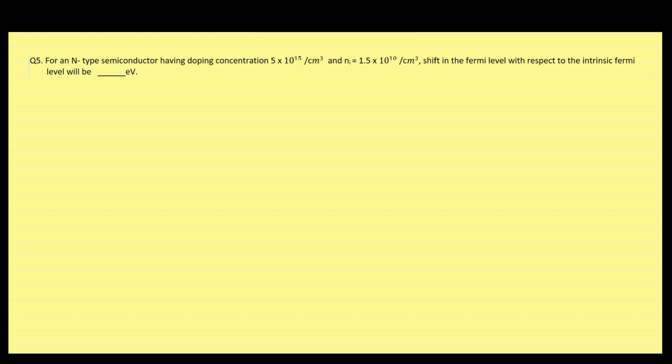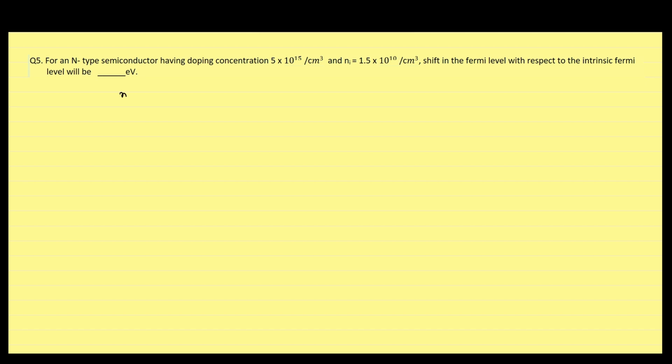Now we come to our last question, which says for an n-type semiconductor having doping concentration 5 into 10 raised to the power 15 per centimeter cube and intrinsic carrier concentration equal to 1.5 into 10 to the power 10 per centimeter cube, then shift in the Fermi level with respect to the intrinsic Fermi level will be.